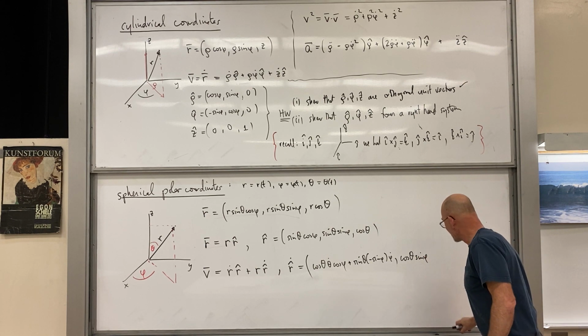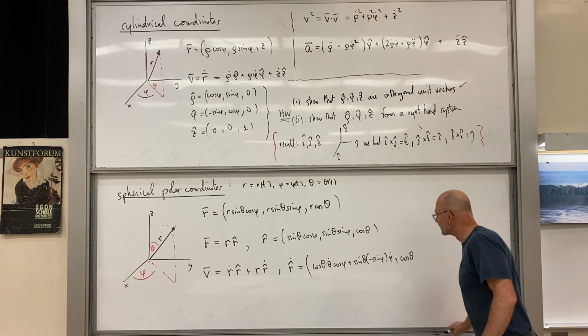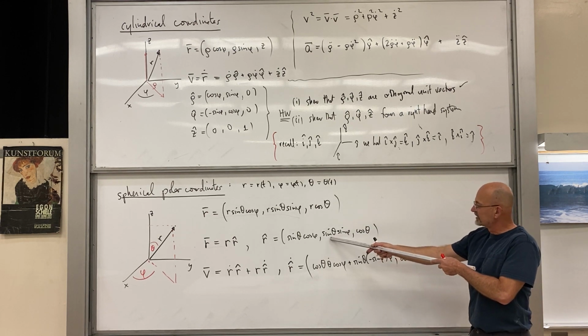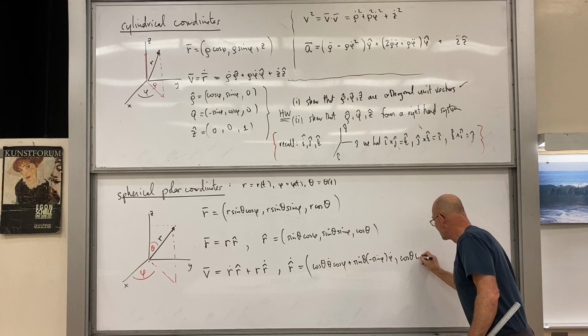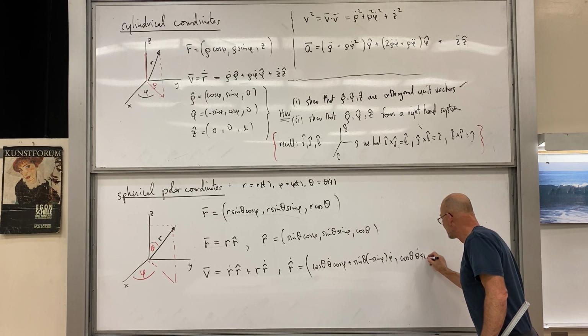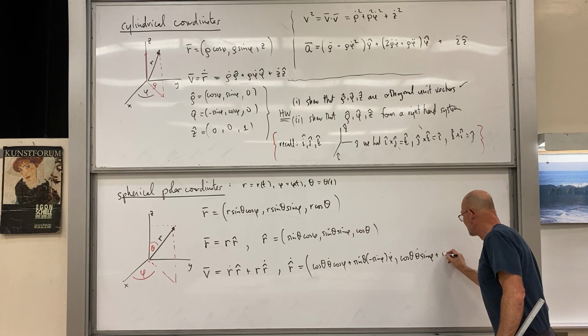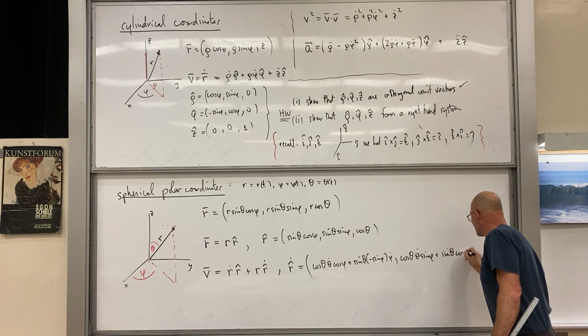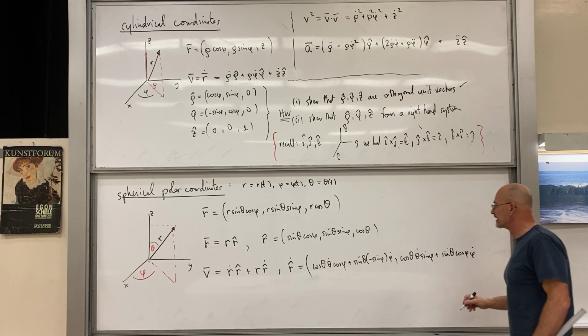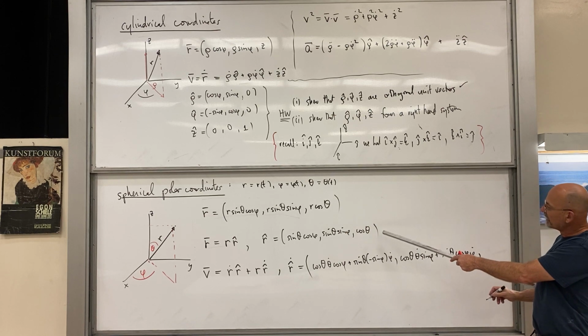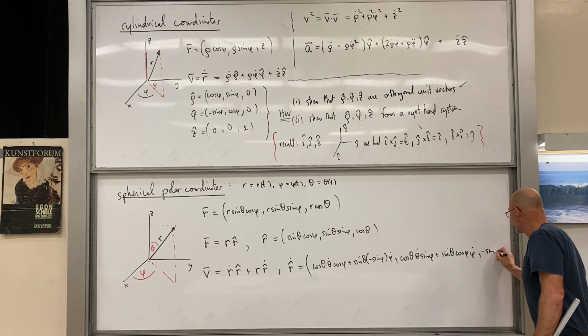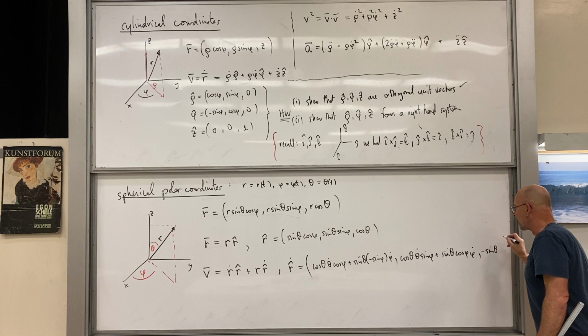And actually, I should pull that theta dot out. So I'm differentiating here. So sine theta is cos theta theta dot sine phi plus sine theta cos phi phi dot. And the third one here, I have minus sine theta theta dot.